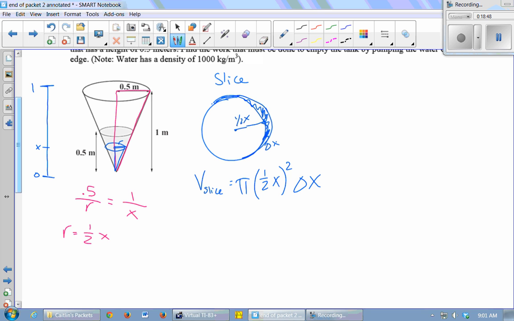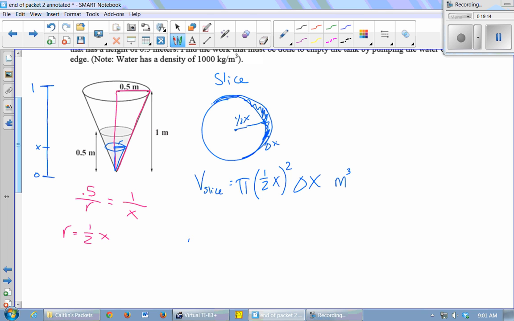But what I need to know is the mass of the slice. And we talked about this a couple classes ago. If you know density, you get mass by doing volume times density. Because my volume units are cubic meters, right? And so if I multiply by kilograms per cubic meter, I'm just going to come out with kilograms.